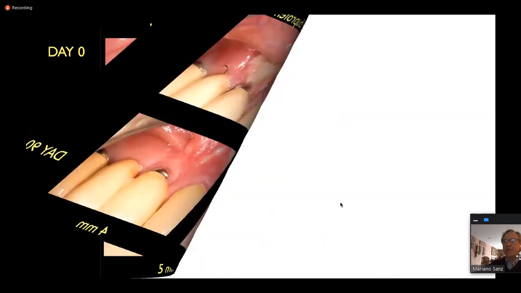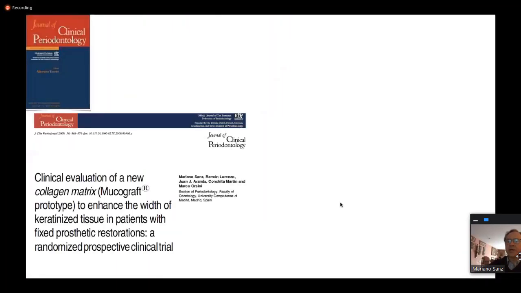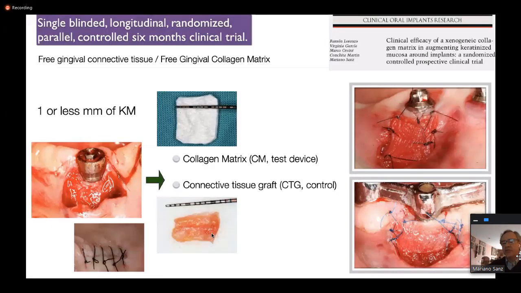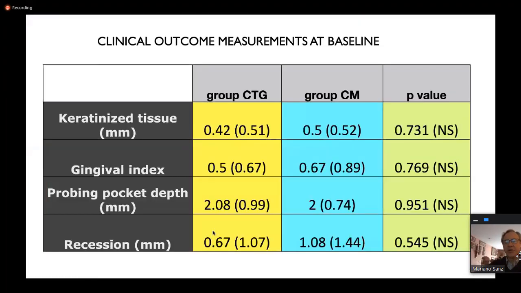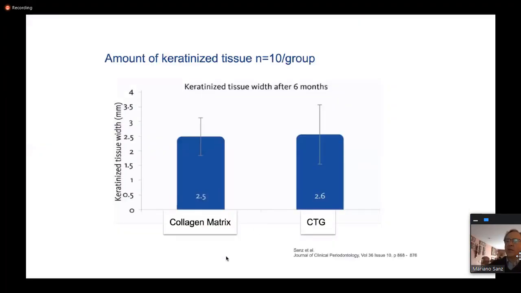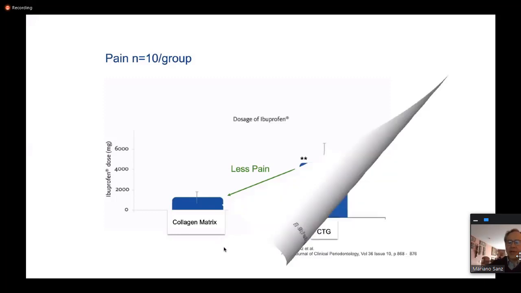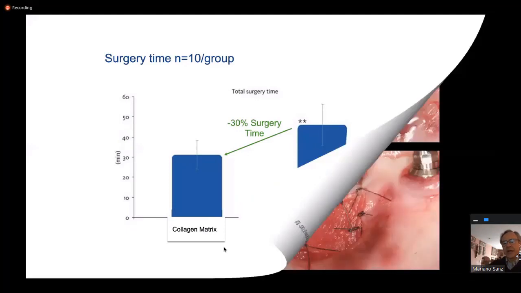And we have published clinical trials comparing the matrix to connective tissue grafts, and we have seen that in this indication the results are quite comparable in terms of the amount of new keratinized mucosa. However, of course, it's logical that the matrix will generate less pain for patients and less surgical time.